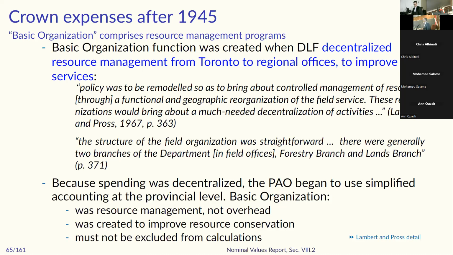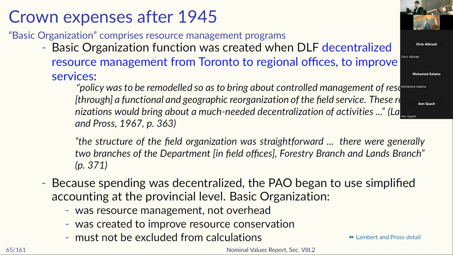As I read the history, the intention of that change was to improve services and increase the success of the resource management programs. That's why decentralization happened. To support that assertion, I've offered two more short quotes from the administrative history describing what the department was doing and why.